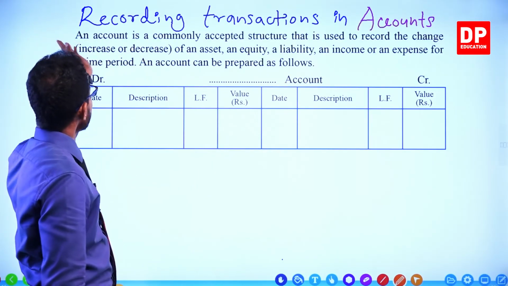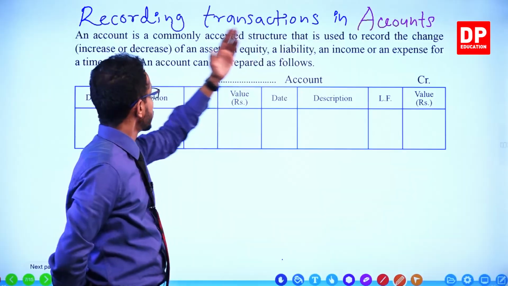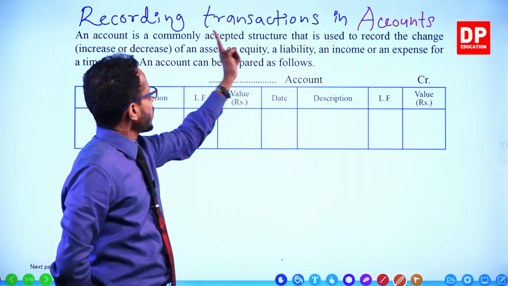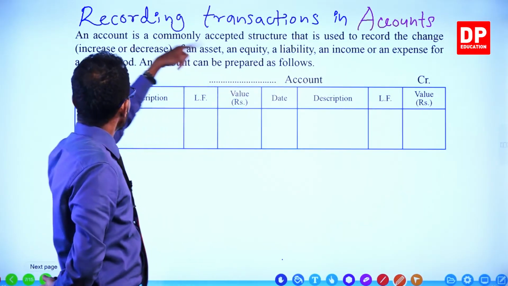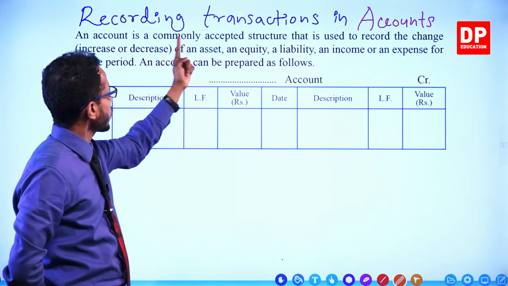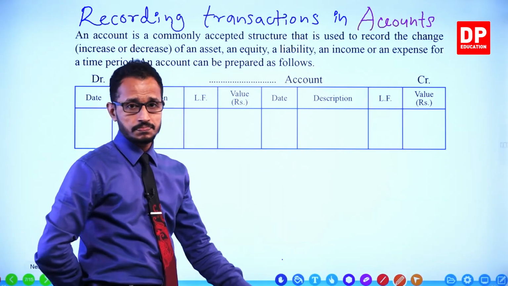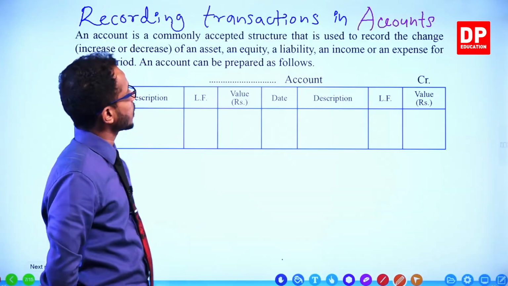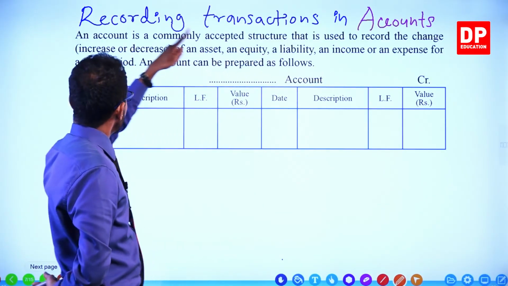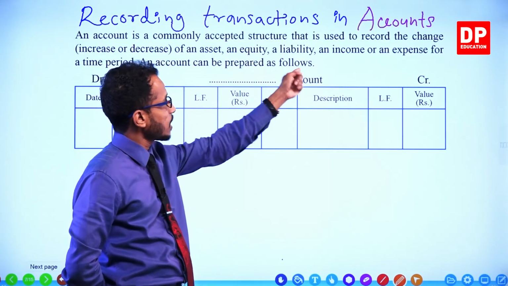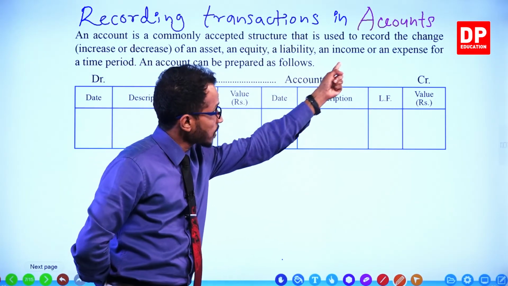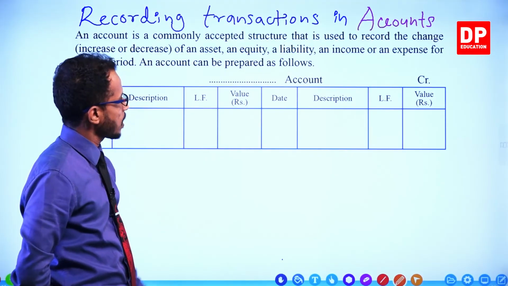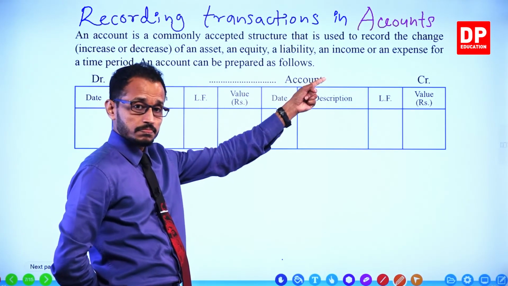Read out. This is a page from your textbook. An account is a commonly accepted structure that is used to record the change, increase or decrease, of asset, equity and liability. Sometimes incomes and expenses too, changes for a time period.